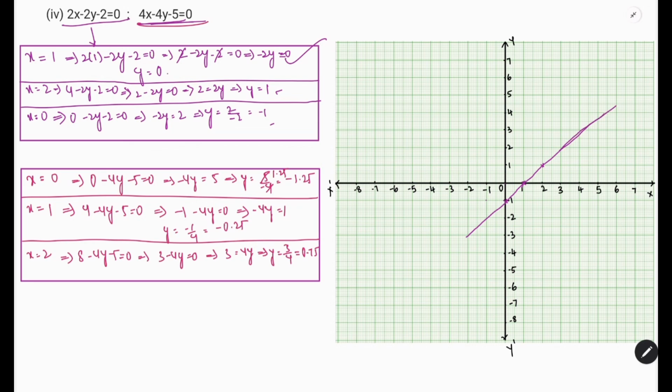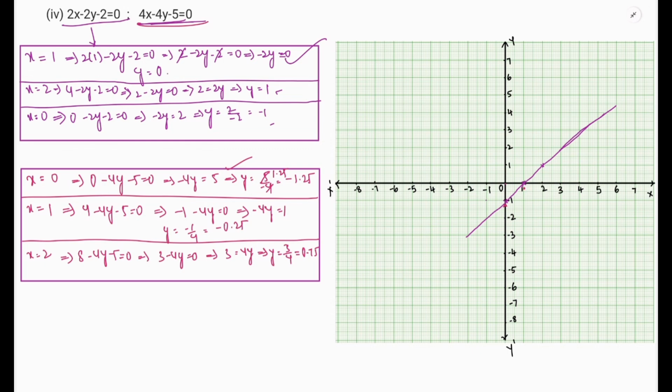Okay, now we will represent the second equation. If x is 0, y is minus 1.25. X is 0 and y is minus 1.25 here. Okay, if x is 1, y is minus 0.25. X is 1 and y is minus 0.25 here.